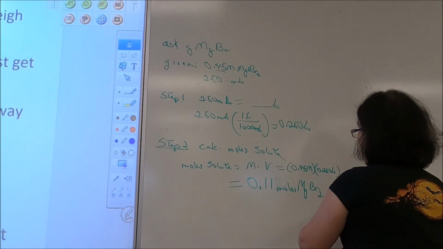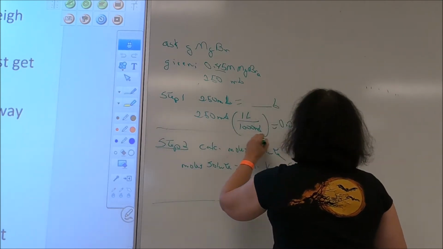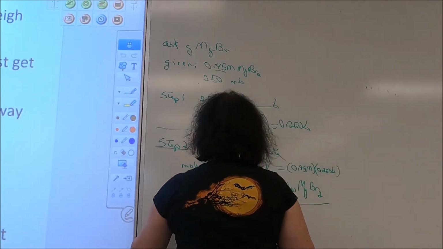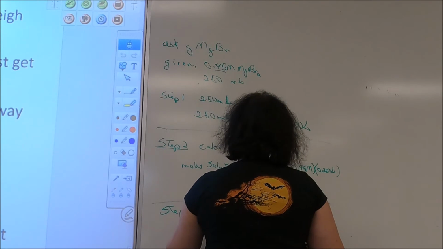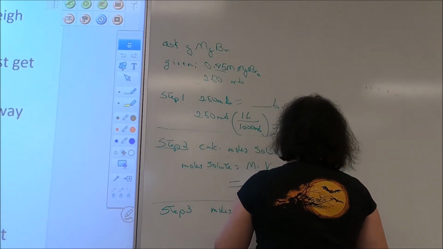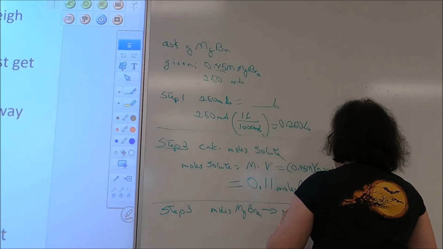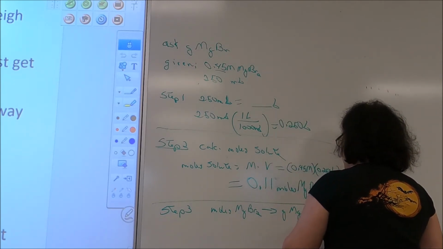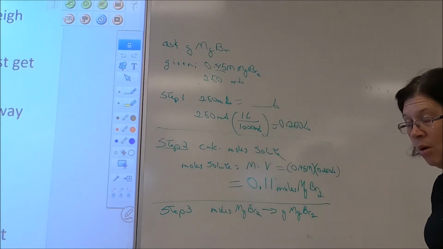Okay, we're almost there. We're to our step 3. I'm going to go from moles of magnesium bromide to grams of magnesium bromide. We're going to need molar mass.